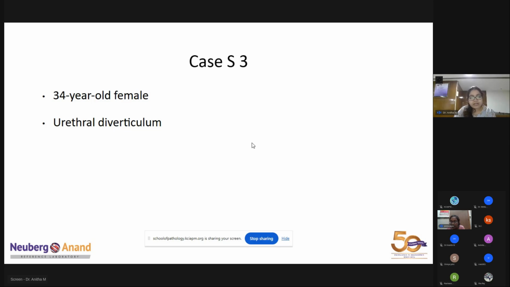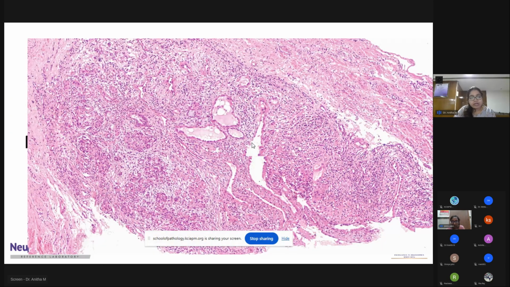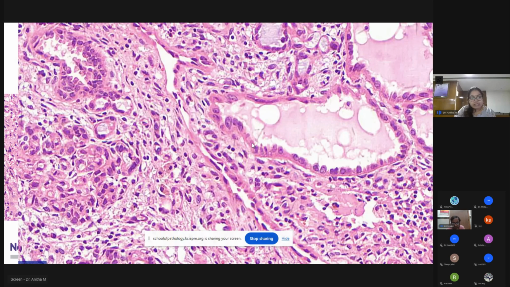For the diagnosis, let's get to the discussion. It's a 34-year-old female. Clinical diagnosis provided was urethral diverticulum. So the tissue fragments show urothelial lining with mixed inflammatory cell infiltrate. But one of the sections, foci, shows these, on high power.